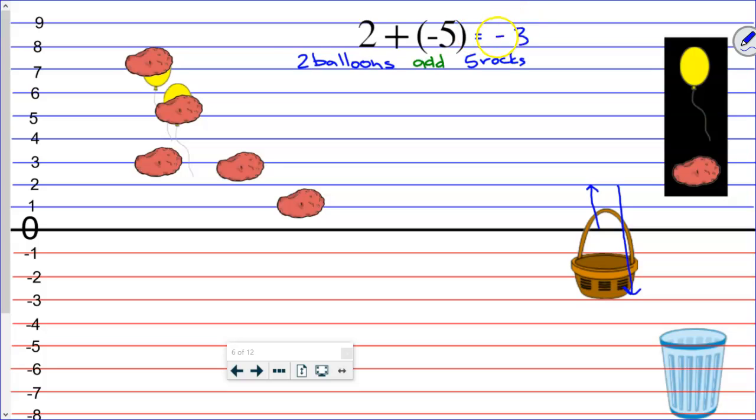It is negative 3 because 2 balloons add 5 rocks ends up being 2 0 pairs with an extra 3 rocks. Making it be not just 3, but negative 3. So that one wasn't too hard, was it? Can you do this one then?